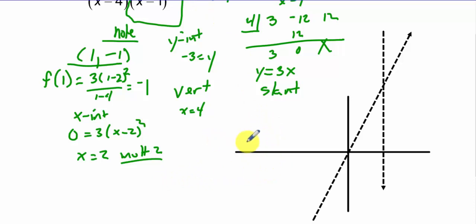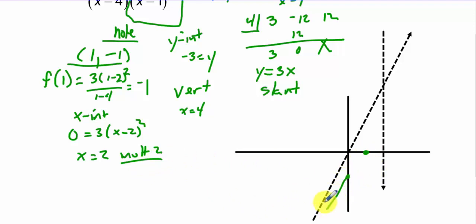I have some points I need to graph. We had an x-intercept of 2 right here. Did we have a y-intercept? Y-intercept of negative 3 right here. All right, so I know what this looks like as well. I know that at this root, I'm going to bounce off the axis because I have an even multiplicity.